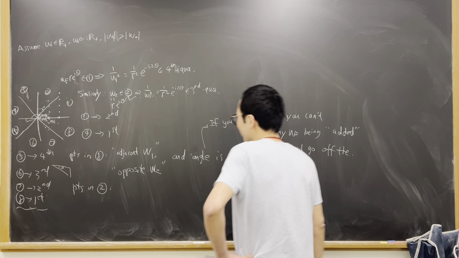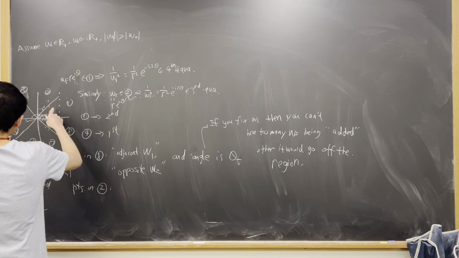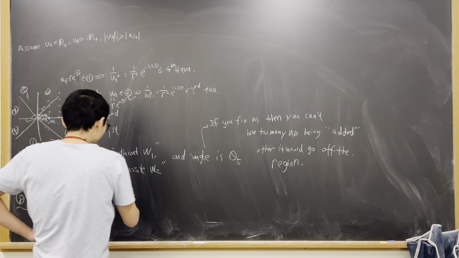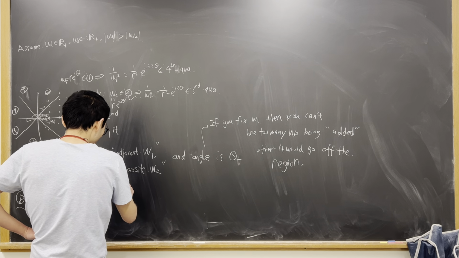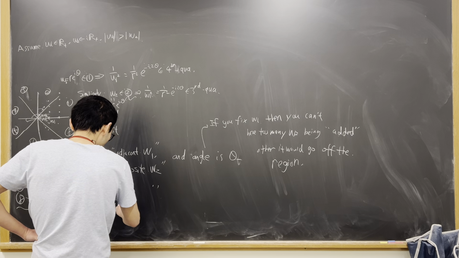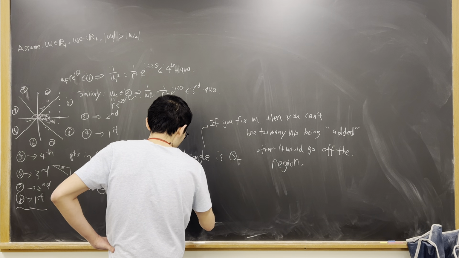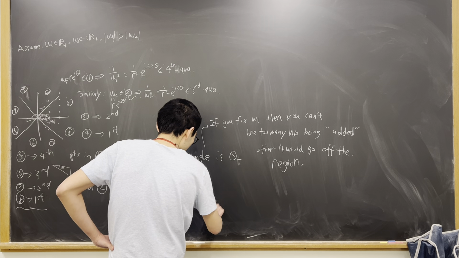Okay. And then however, in 2, right? In 2, I cannot be too small. Otherwise, it won't lie inside the region. Okay. So however, points in 2, same thing. Let me just say that the angle is theta plus.